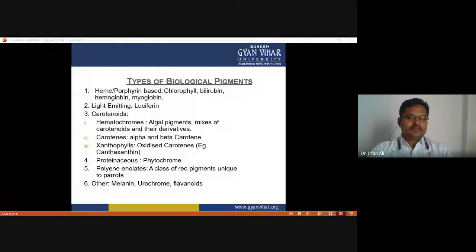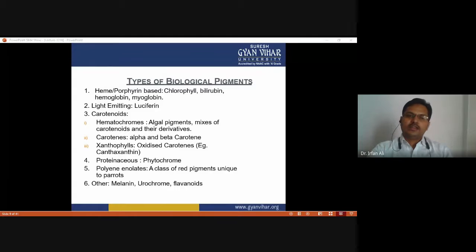Now, types of biological pigments. There are various types of pigments, like heme or porphyrin based pigments, meaning any pigment which has a heme ring or porphyrin ring in its structure. Chlorophyll is an example of a porphyrin based pigment.